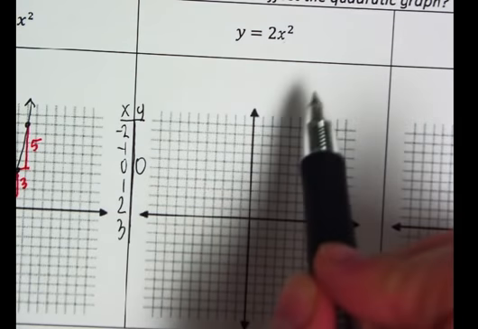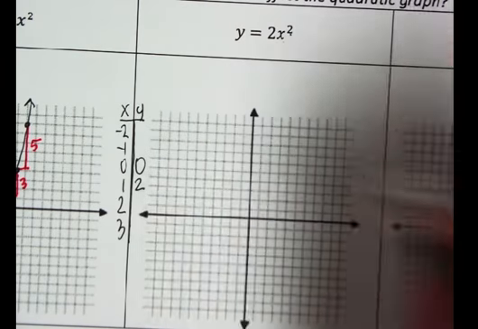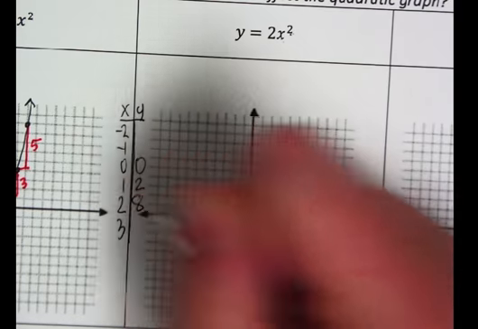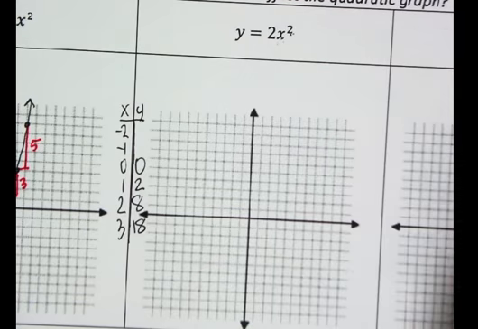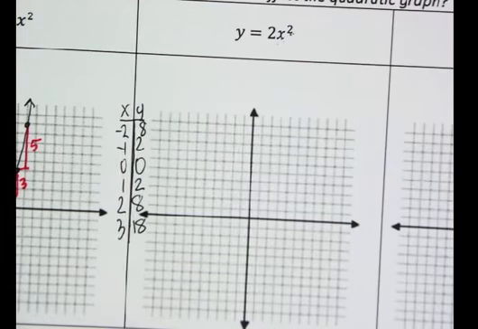So with 1 squared is 1 times 2 is 2. With x is 2, 2 squared is 4 times 2 is 8. 3 squared is 9 times 2 is 18. And then the opposite is just the reflectional points.